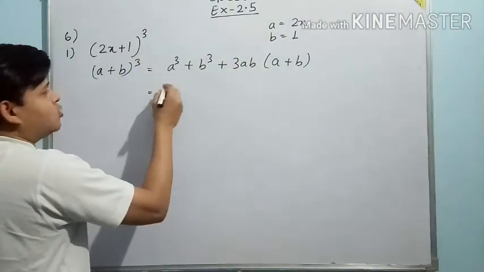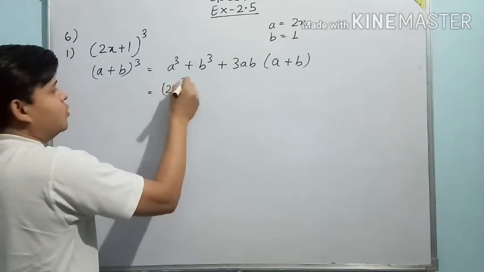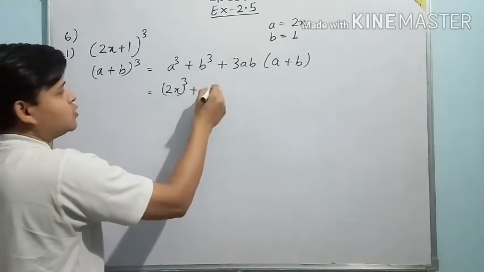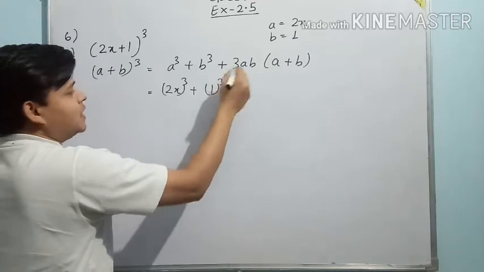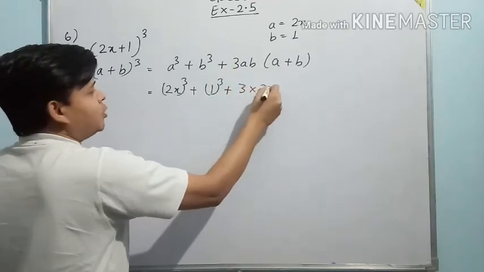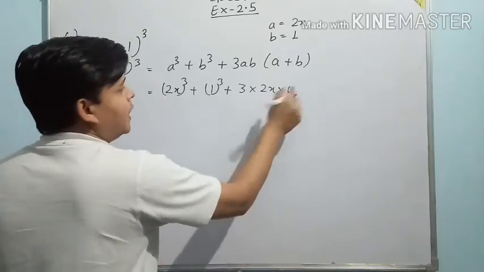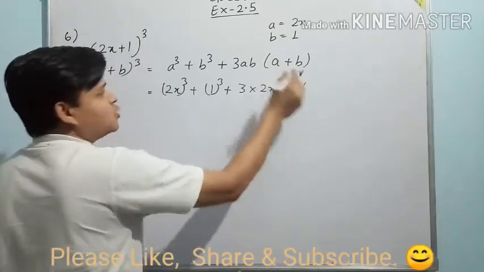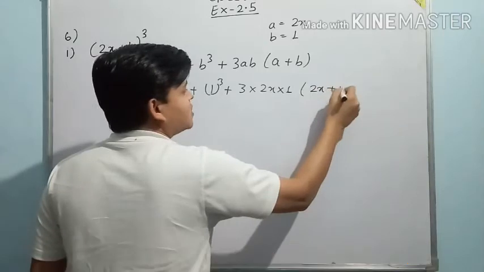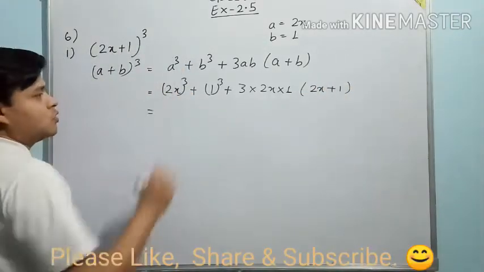So let's put the values of a and b here. a is 2x, so (2x) whole cube plus b is 1, so cube of 1, plus 3ab, that means 3 multiplied by 2x multiplied by 1, and then in bracket a + b, that means 2x + 1. So let's solve this.